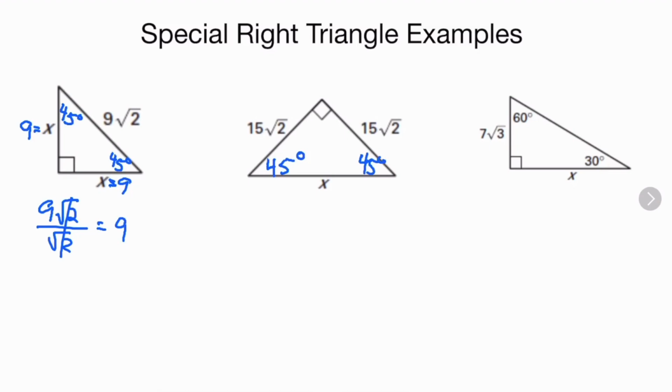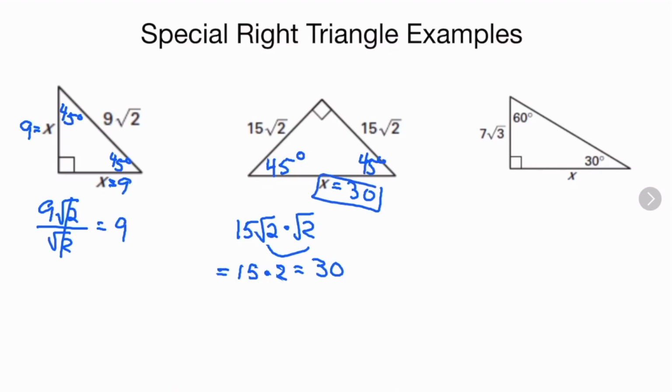If you know the side in a 45, 45, 90, you just multiply by the square root of 2. So don't get confused here. This is the side, and I want to multiply it by the square root of 2, which is good, because the square root of 2 times the square root of 2 is just 2. So the hypotenuse length is going to be 30.